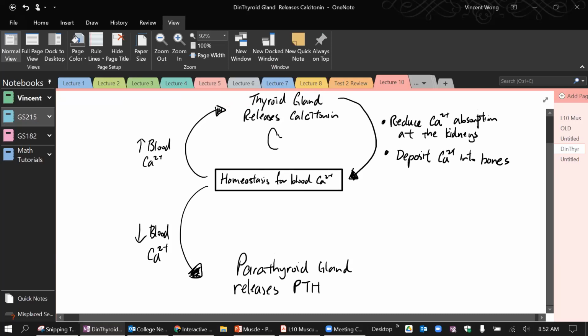Your thyroid gland looks like a butterfly around your neck area. This is the front. If you flip it over and look at the back, the posterior view, there will be the parathyroid glands here. They are piggybacking on the thyroid gland.